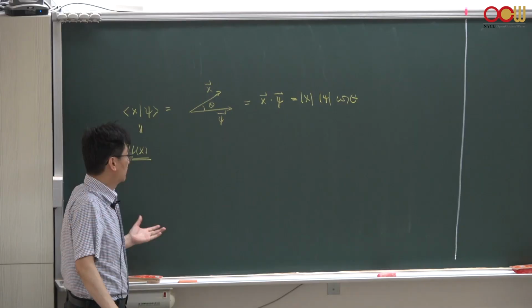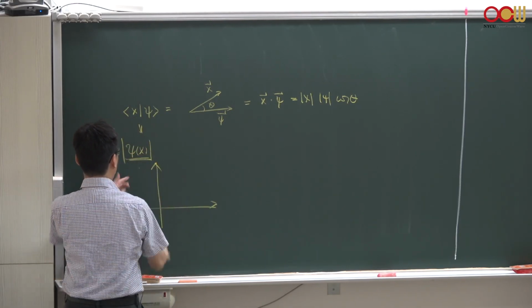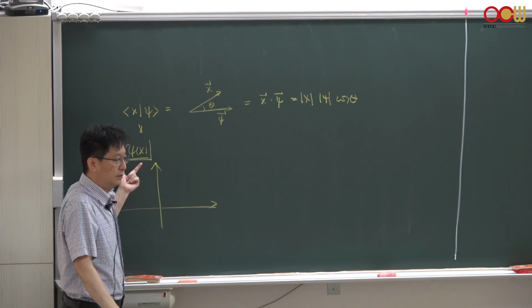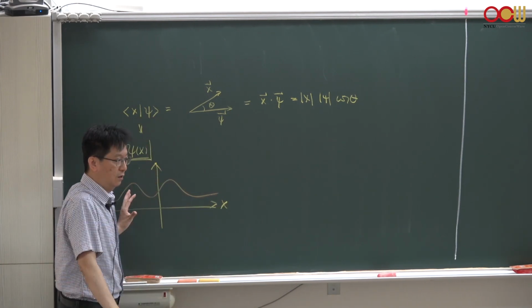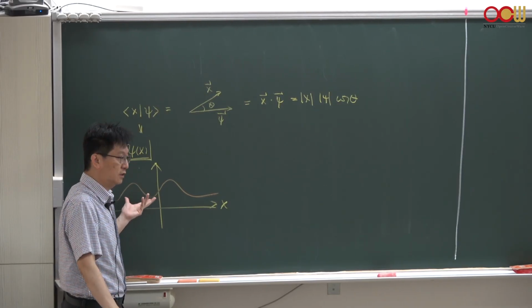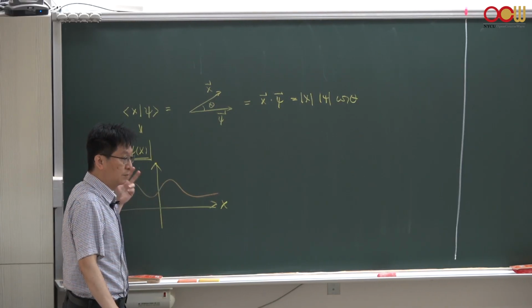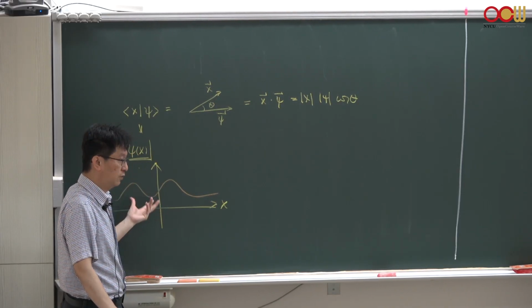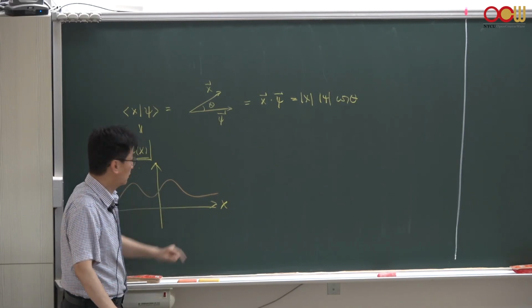But what does it tell us? Well, if we just plot the magnitude of the psi wave function, this tells us the probability distribution of this quantum state along the x-axis, which indicates the probability amplitudes of finding this particle in the position basis, right?